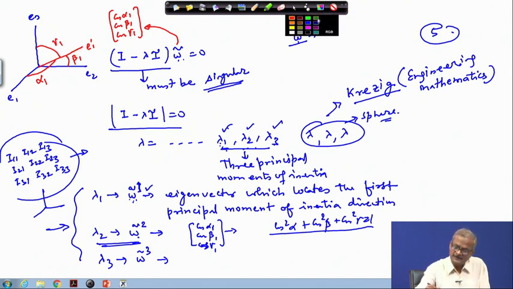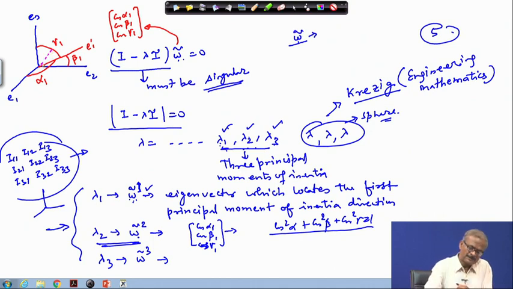Similarly, you have the second direction, let us say it is along this one. This is your E 2 prime. The angle from here to here will be alpha 2, from this place to this place will be beta 2, and from here to here will be gamma 2.